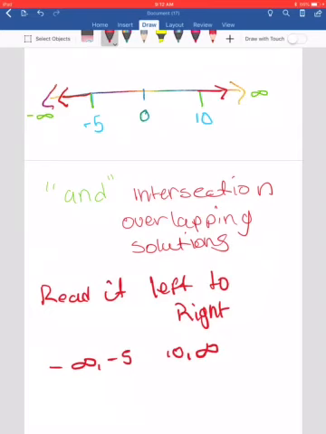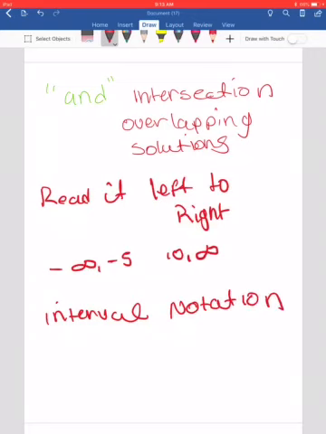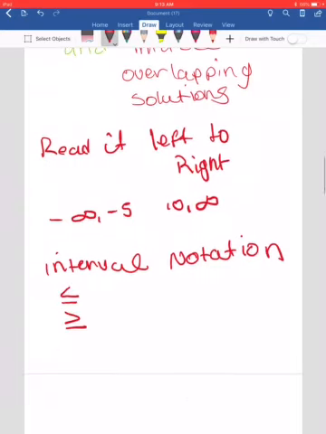Now, how do we know what we need to use? Whenever you're writing interval notation, this is your key, this is your cheat sheet. You need to remember this part. Whenever you have less than or equal to, or greater than or equal to, you're going to use brackets in the interval notation.